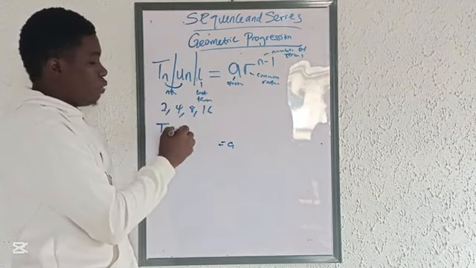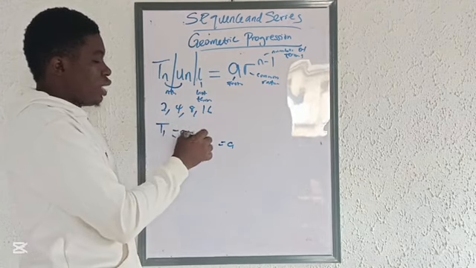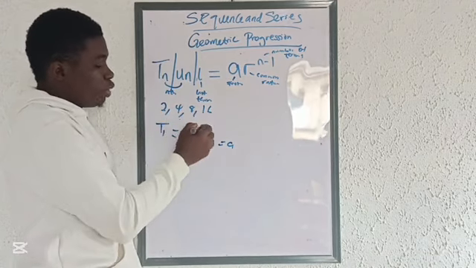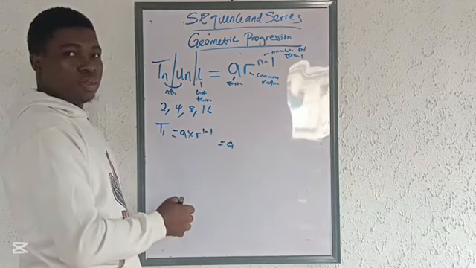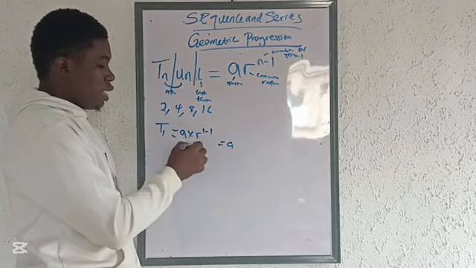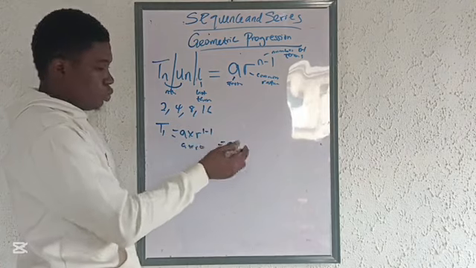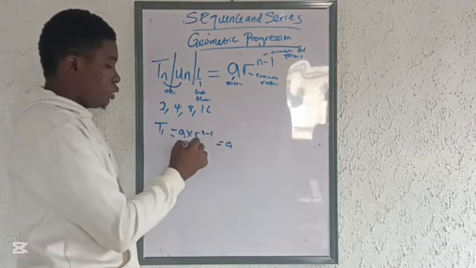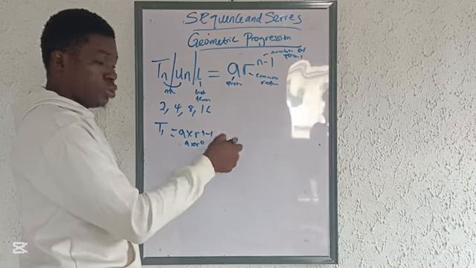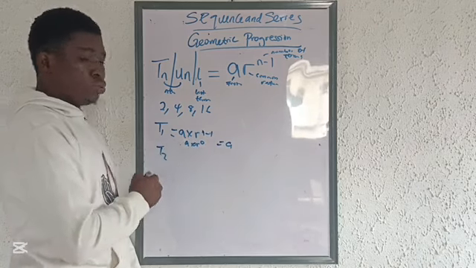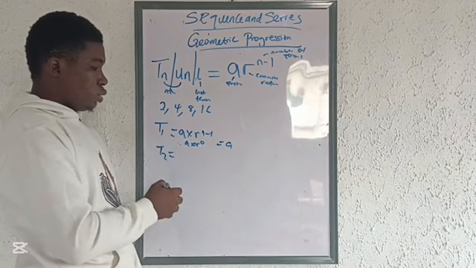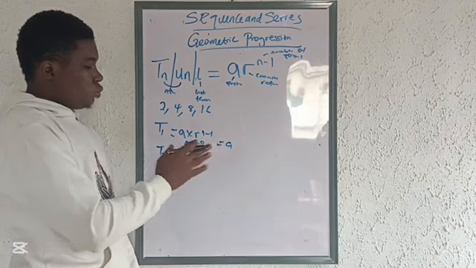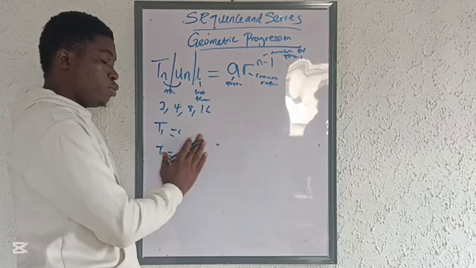But let me explain this. We have A times R, where N means 1 minus 1, right? So A times R to the power 0 is 1, right? Let me not confuse you, let me go back.